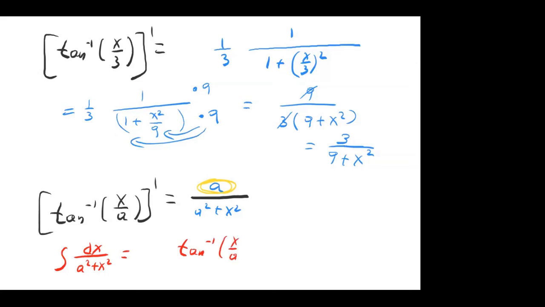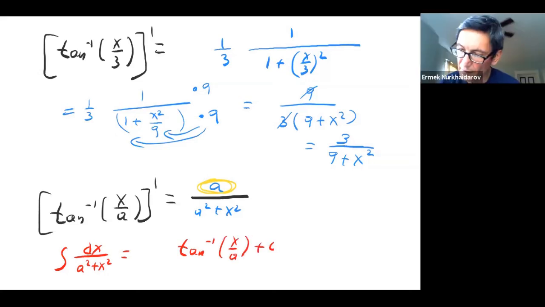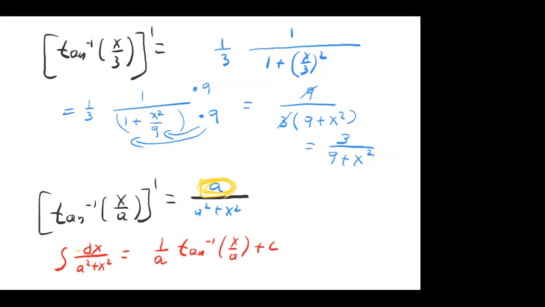Plus c. What else is missing? You see 1 over a in front, because we need to have a on top, right? So what you mentally do is put a here and 1 over a here. Then that expression becomes tangent inverse of x over a, and you will still have that extra 1 over a. Okay? That will be our shortcut.